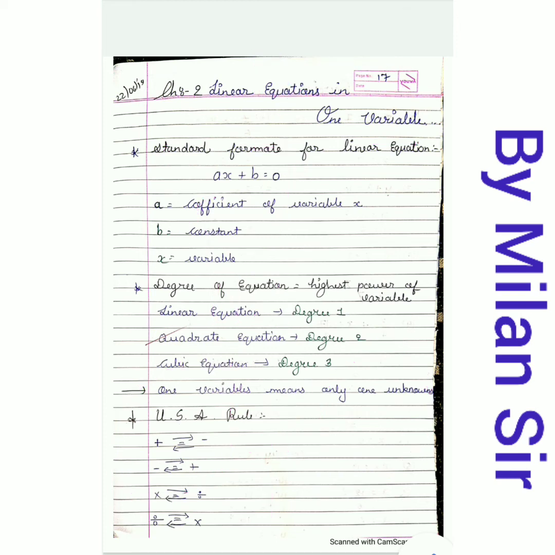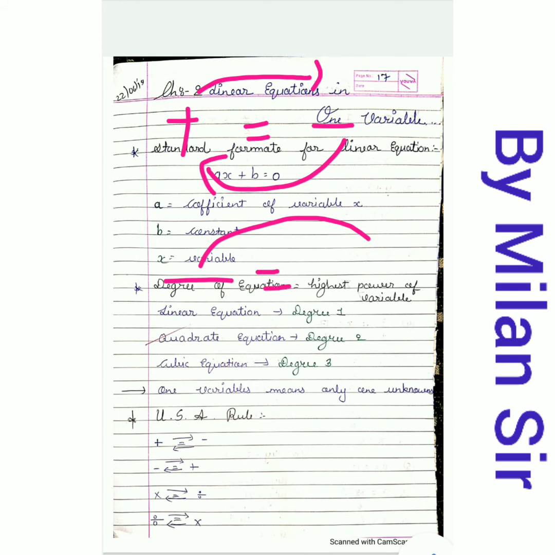If we want to transfer a plus term to the right hand side, it becomes negative, and if we transfer a negative term to the left hand side, it becomes positive. If we want to transfer multiplication to the right hand side, it becomes division.